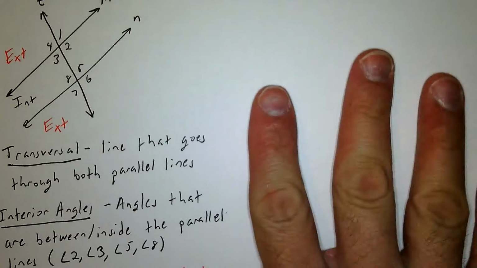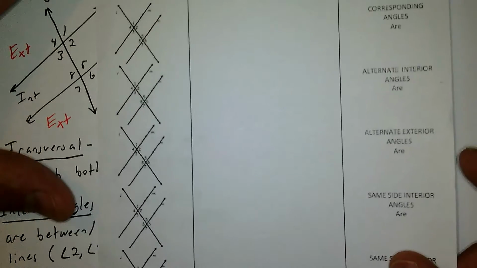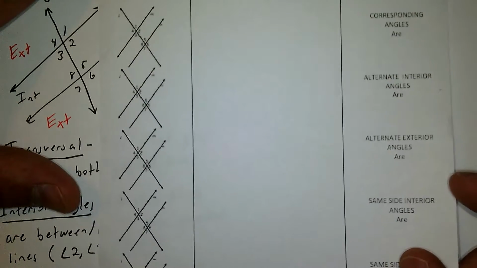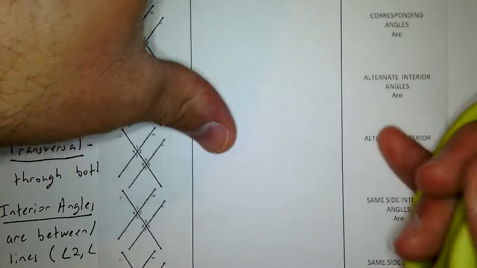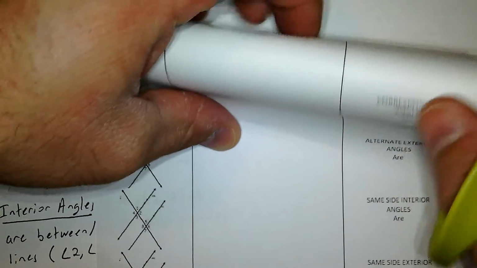Okay, so that's half of the notes. The other half is there's a little foldable that I asked y'all to print out. So we're going to take our scissors, and I'm going to go ahead and trim off all this excess on the top right here.